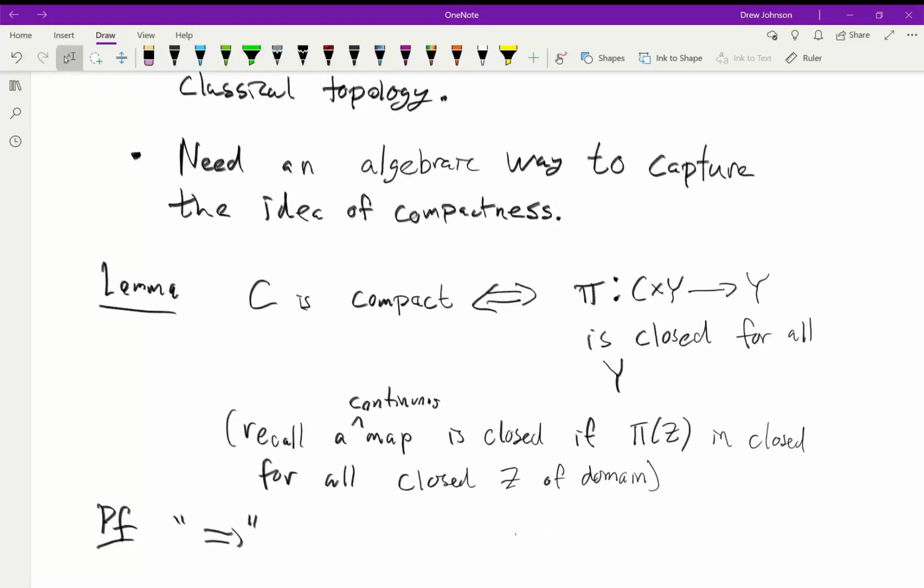This is a lemma about general topology, not about algebraic geometry, but let's do the proof anyway, just because I like it.